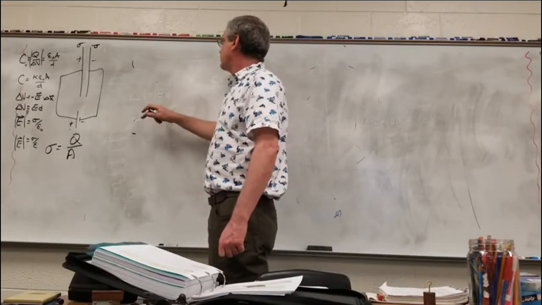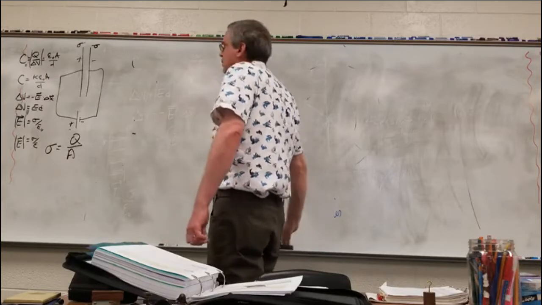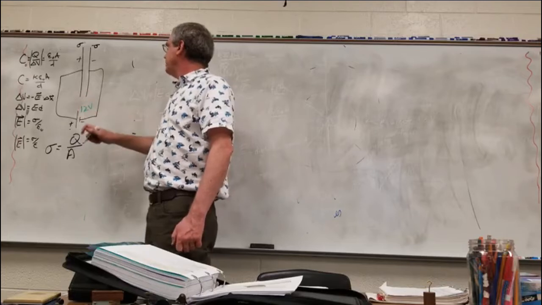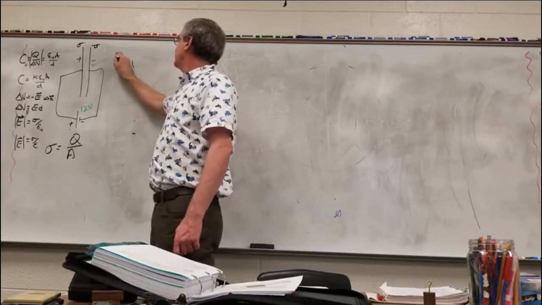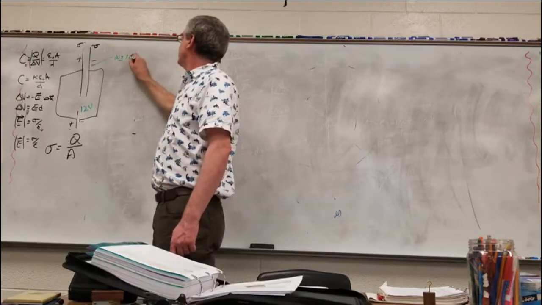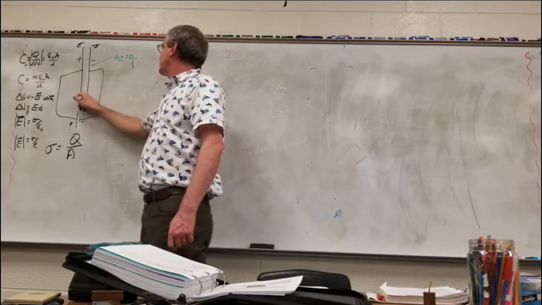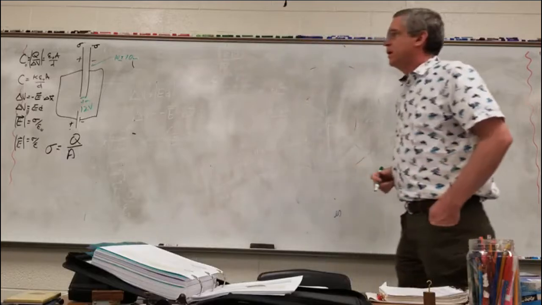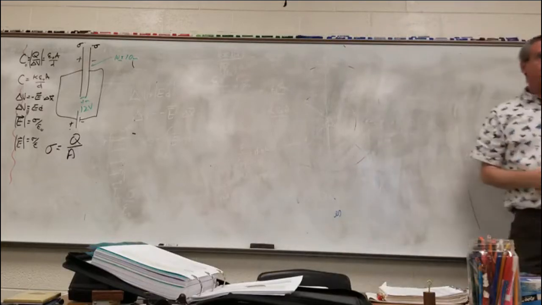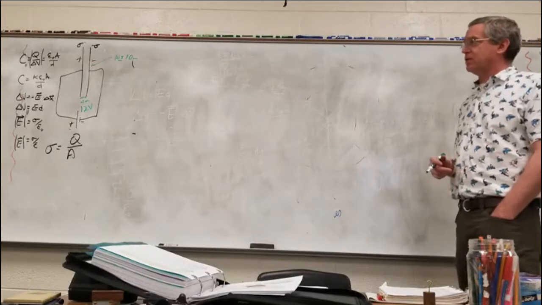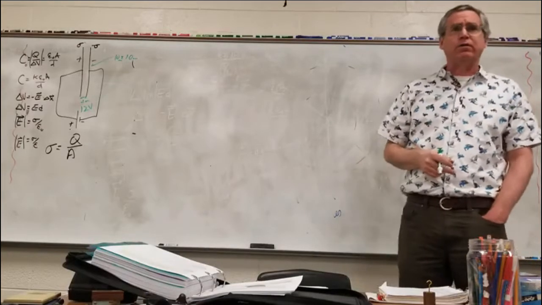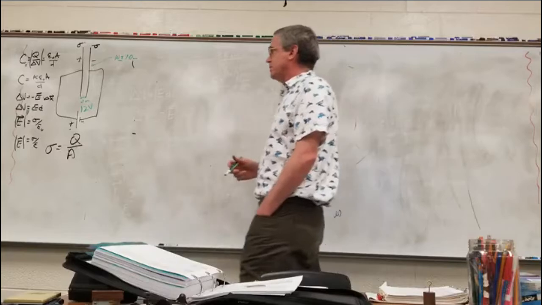So we will take our setup over here. Let's make this a 12-volt battery. We'll make these 10 by 10 meter plates, and the separation distance is 0.1 meters. Notice I made the separation distance 1% of one length of a plate, so that is considered close enough to be considered infinitely large plates.